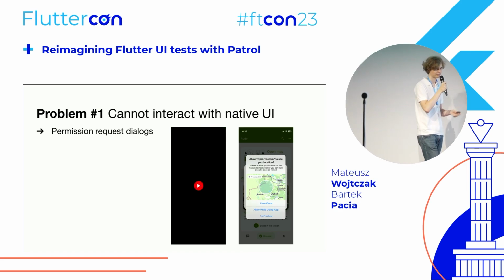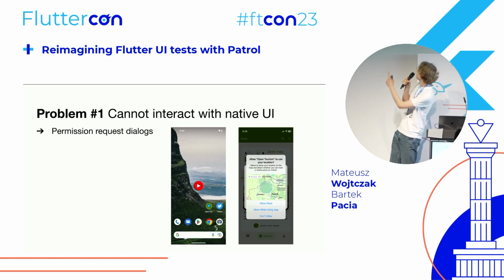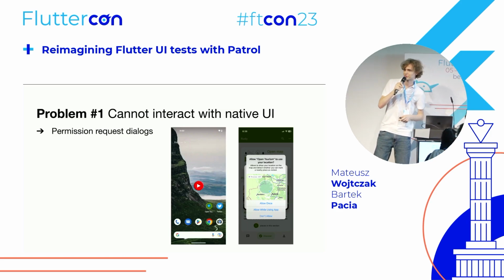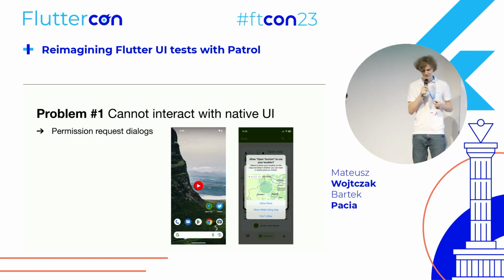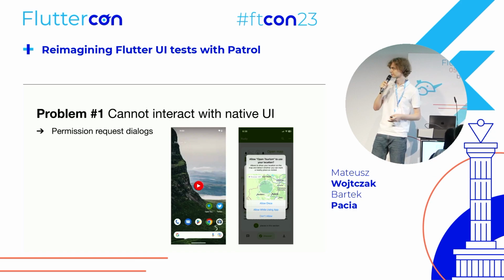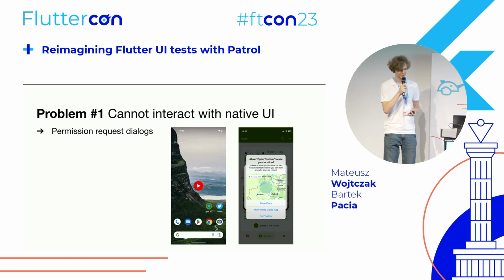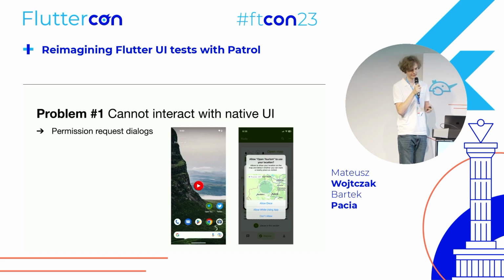You are doing taps, enter text, scrolling, and it's all nice until that guy appears, the native permission request dialog. And it's a very sad moment when that happens because it's effectively the end of your test. You cannot dismiss that dialog, you cannot accept it, you cannot interact with it in any way.